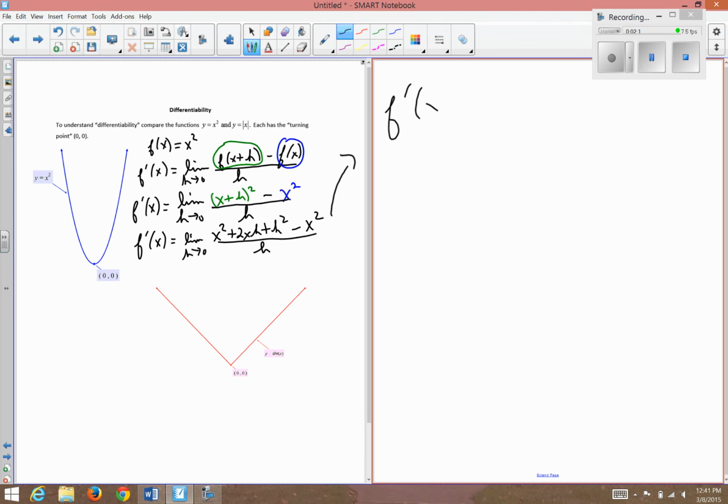So the derivative of the blue function is the limit as h approaches 0 of 2xh plus h squared all over h, because we have x squared minus x squared.